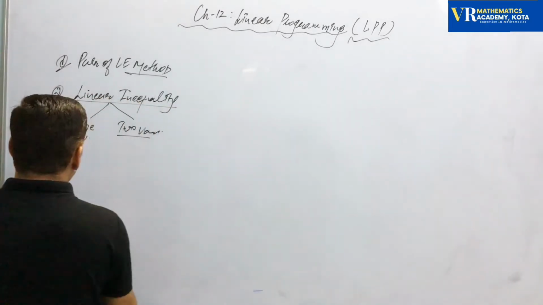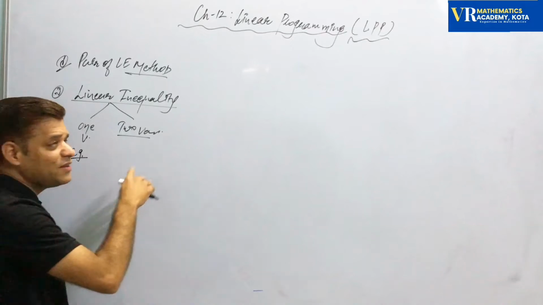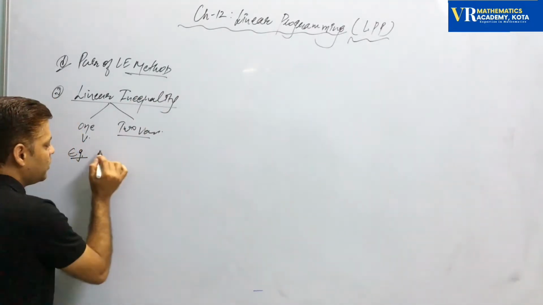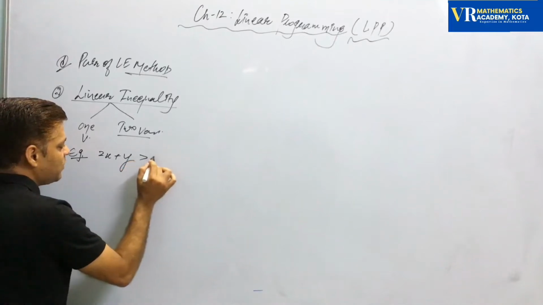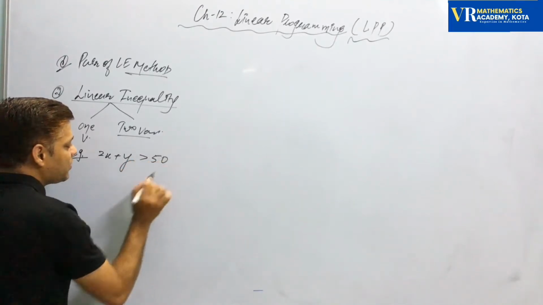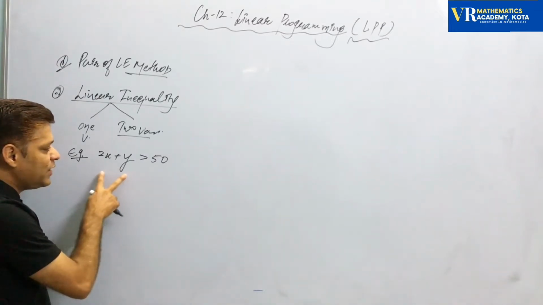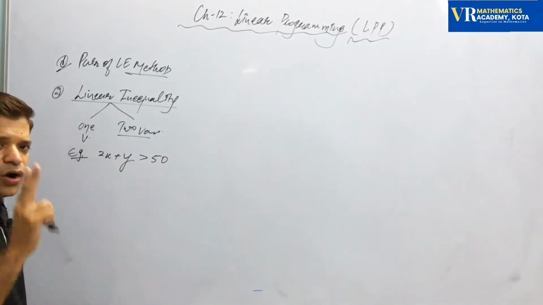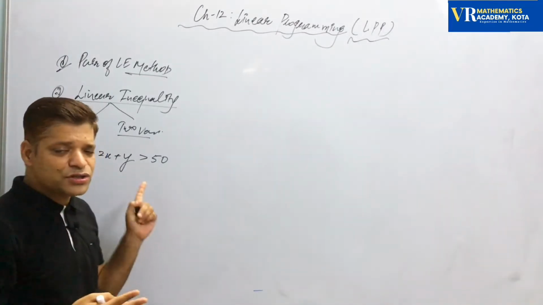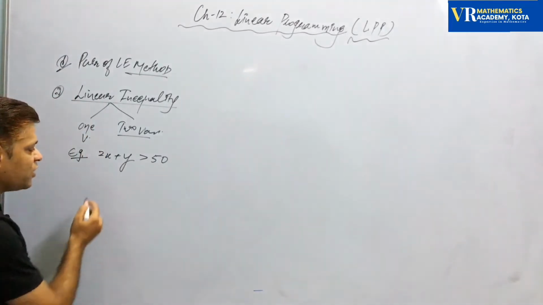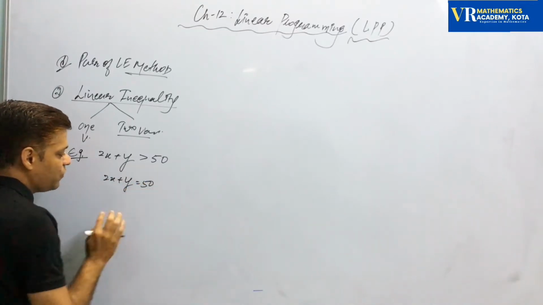Let's take an example to understand how we will apply this concept in linear programming. Let we have an inequality 2x plus y greater than 50. To find the graphical solution of this inequality, firstly we will change it into the equation, 2x plus y is equal to 50.